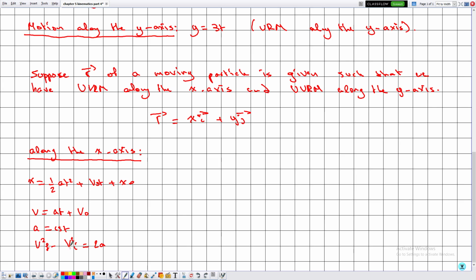Now in this case, this equation in 2 dimensions is not of paramount importance, so let's consider only these three.